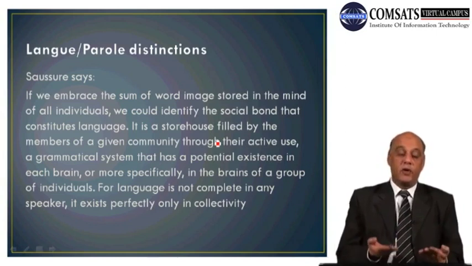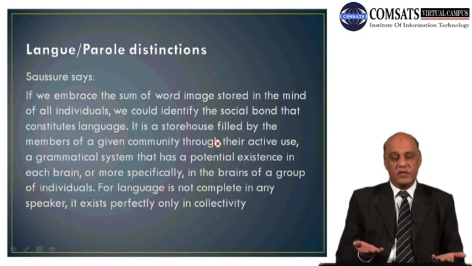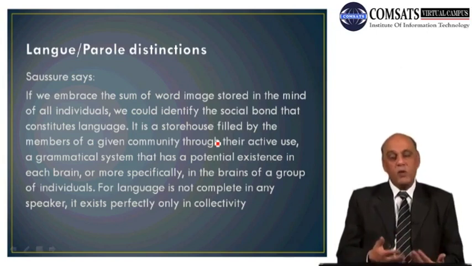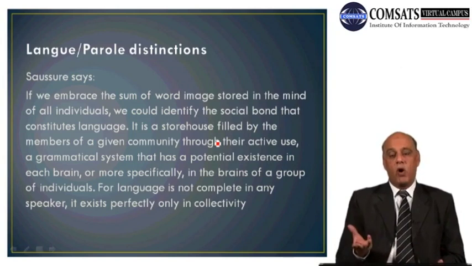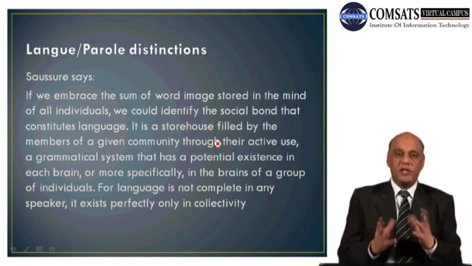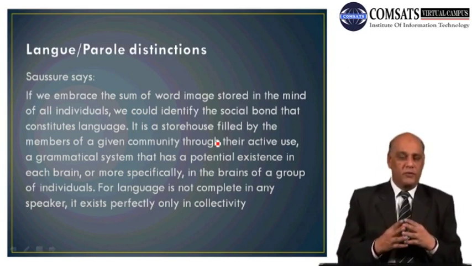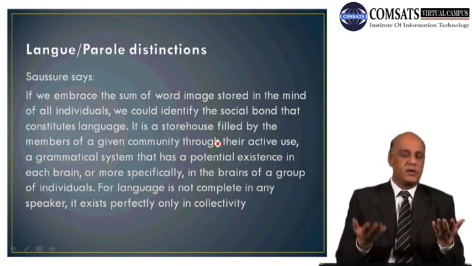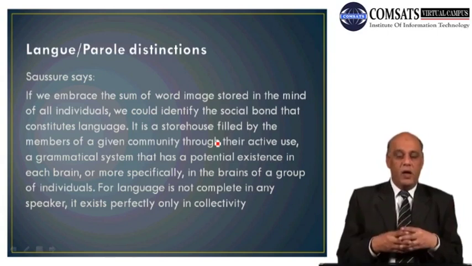If we look at the sum of all the word images stored in the minds of all the individuals, and we combine them, we would look at a social bond, a social relationship, where the rules, the sound images, the word images, the words, are tied.